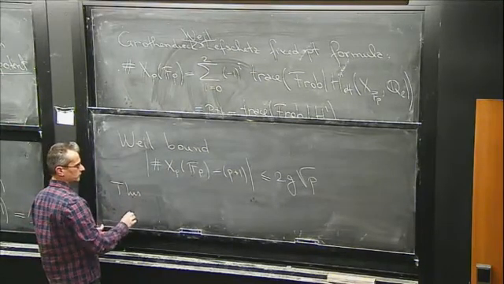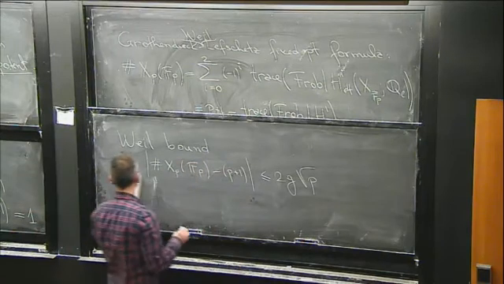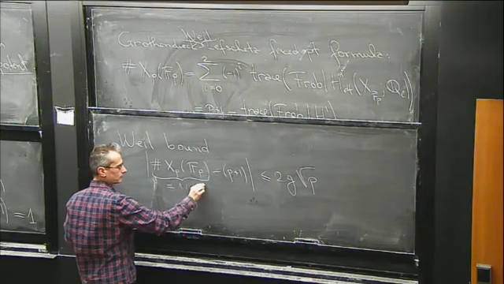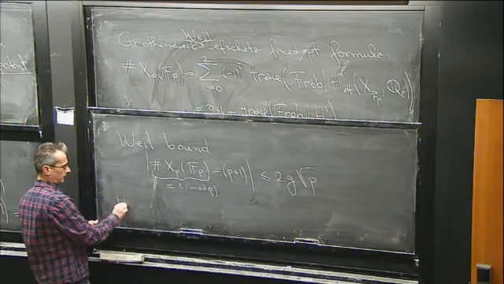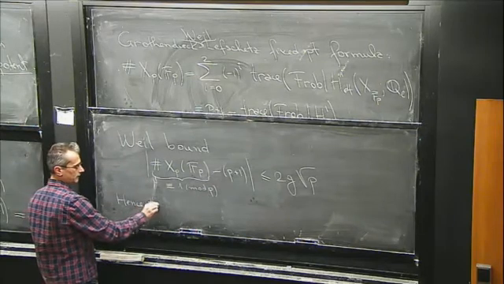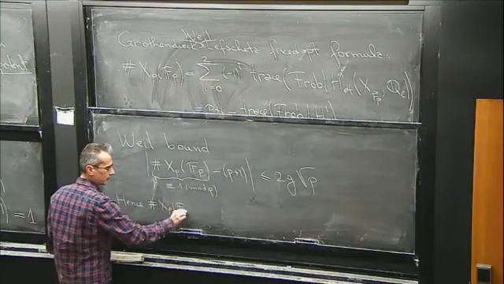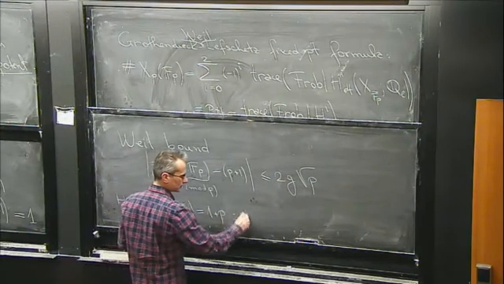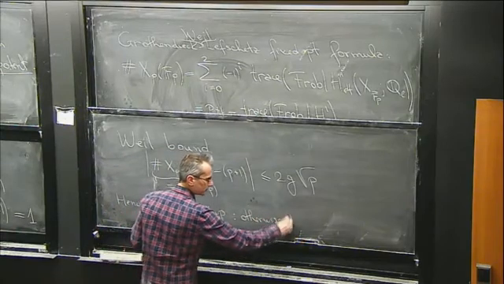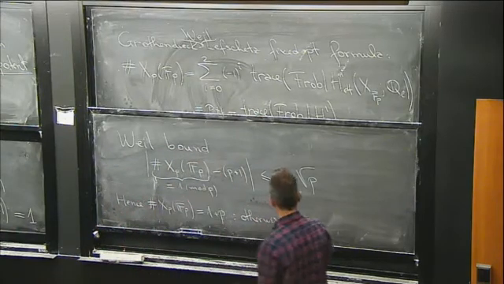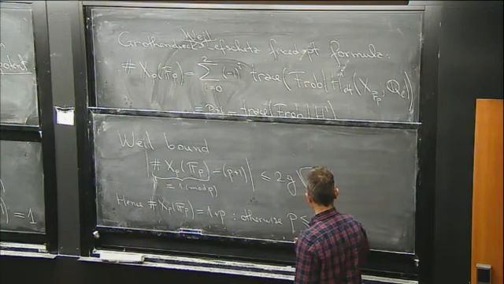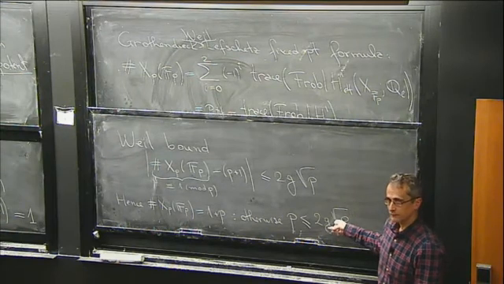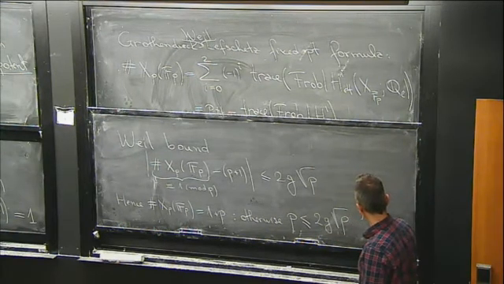Again, let me remind you: we proved that this is congruent to 1 mod p. Hence I claim that in fact Xp(Fp) must be equal to 1 plus p. Because otherwise, you get p times some multiple, which is less than or equal to 2g times the square root of p. But this is false when p is large. So this is the bound on p that you want.